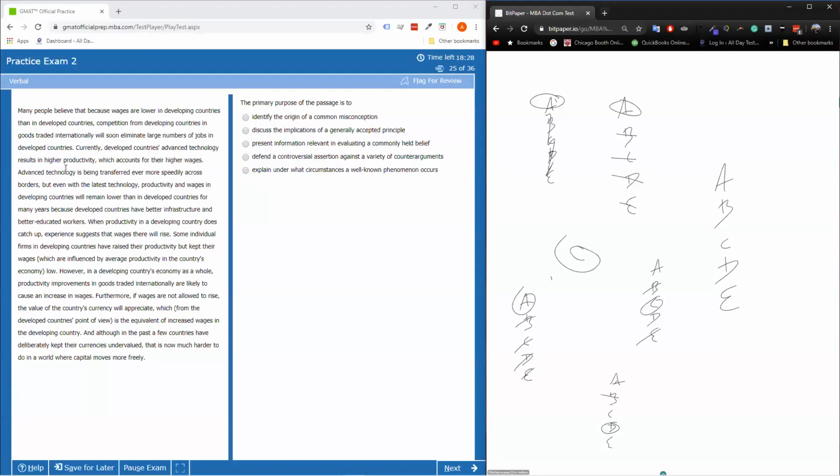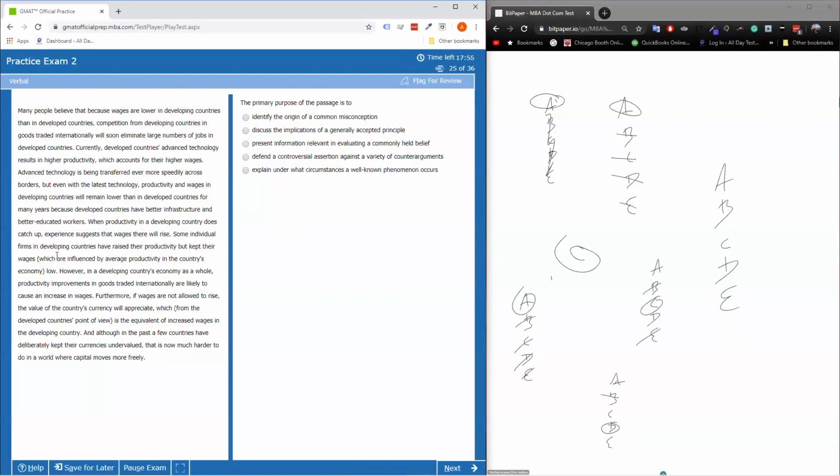Currently developed countries, advanced technology results in higher productivity, which accounts for other higher wages. Advanced technology is being transferred ever more speedily across borders, but even with the latest technology, productivity and wages in developing countries will remain lower in developed countries for many years because developed countries have far better infrastructure and better educated workers. When productivity in a developing country does catch up, experience suggests that wages there will rise.